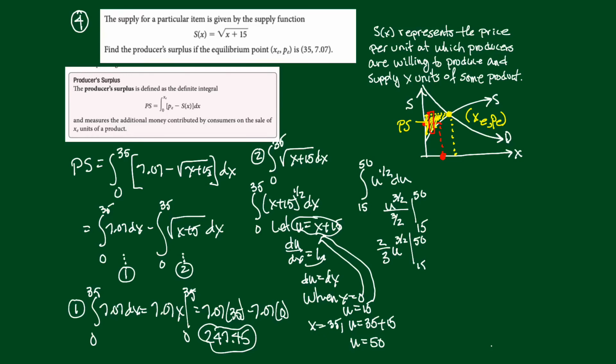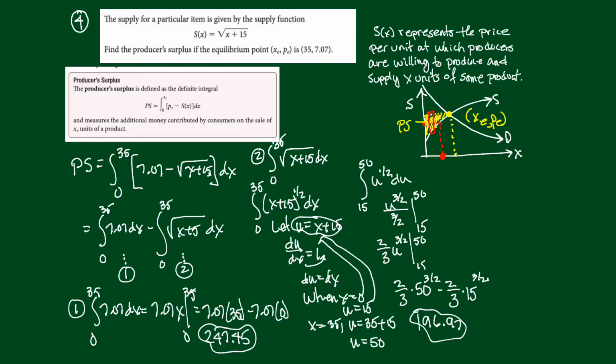Put in our upper limit: 2/3 times 50 to the 3/2, minus 2/3, put in the lower limit, times 15 to the 3/2. I'm going to do that all at once on my calculator, and I got 196.97. I'll circle that one.